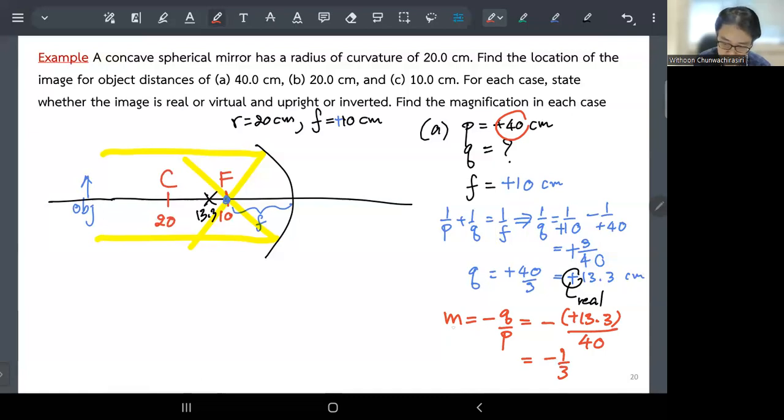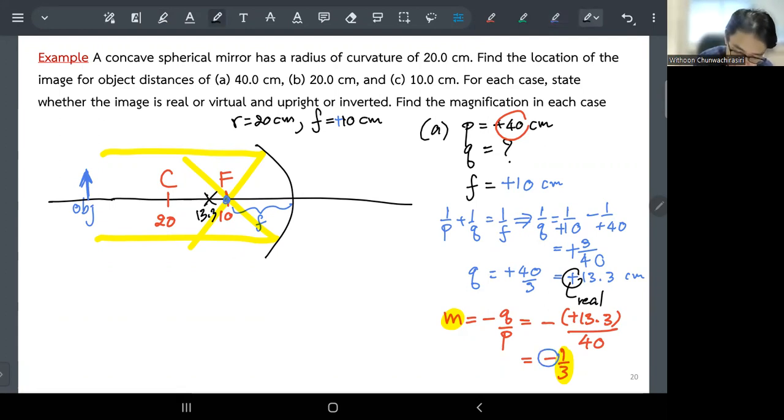It means the magnification is 1/3, so the size of the image is 1/3 of the size of the object. If the object is this tall right here, the image will be 1/3 of that size. But then you have a negative sign here. It means it's inverted.